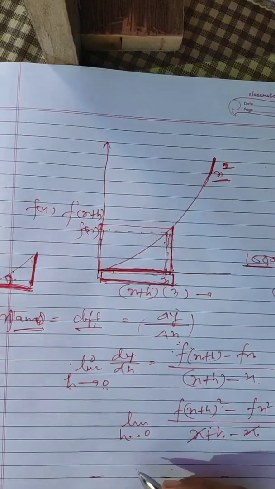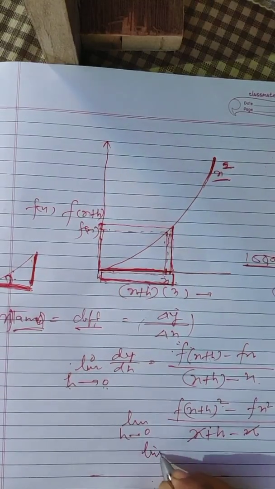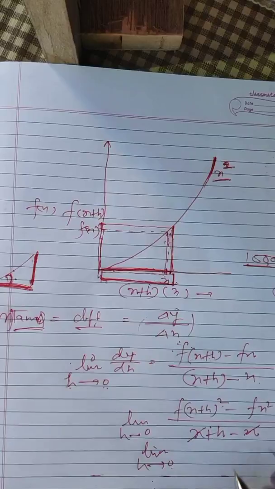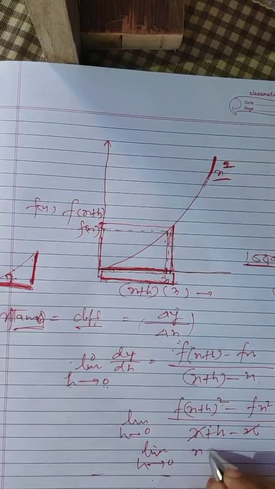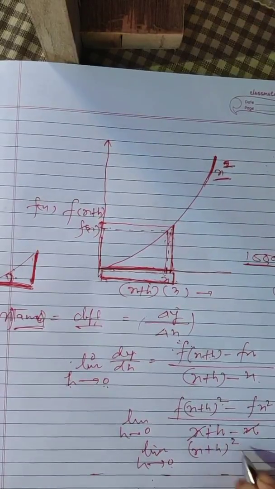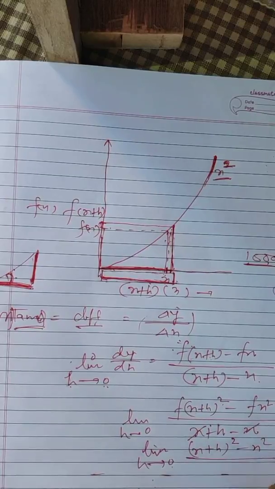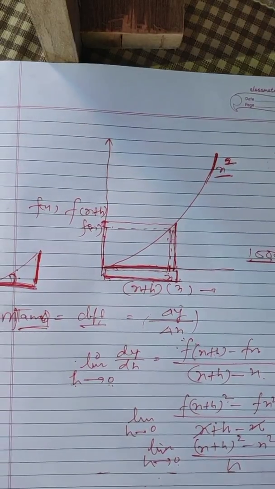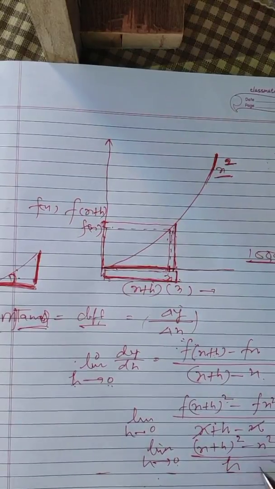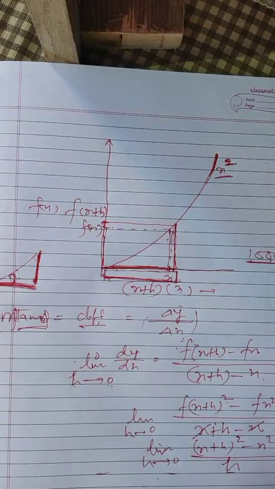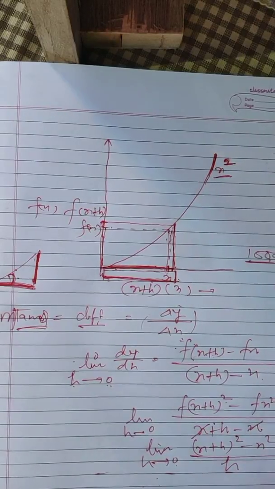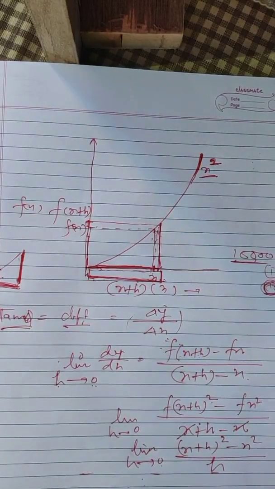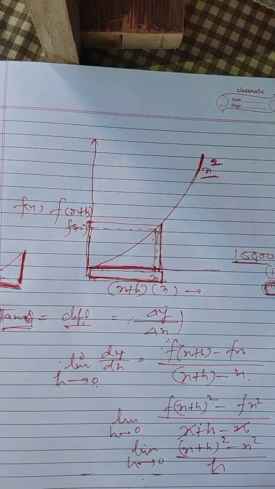And next, limit h tends to 0. Here we have (x plus h) square minus x square over h, and here we can see that now we are left only with these algebraic expressions. We have to solve this, and we will finally get the differentiation.